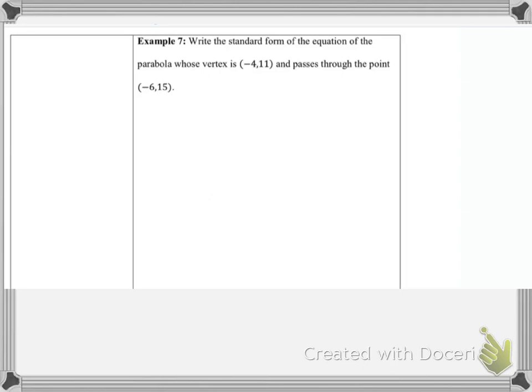All right, so here in example 7, we need to write the standard form of the equation of the parabola whose vertex is (-4, 11) and passes through the point (-6, 15). Since the vertex is (-4, 11), that's our h and that's our k.